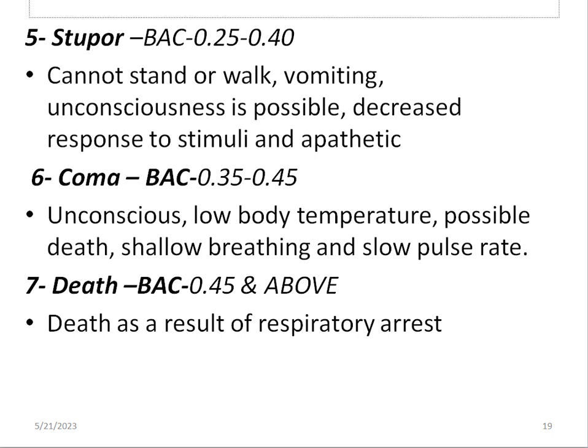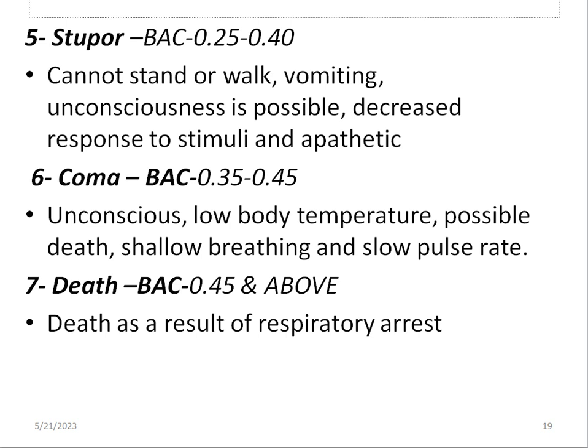They may start vomiting. Unconsciousness in stupor is quite possible. There is decreased response to stimuli and the patient becomes apathetic. So in stupor, they are slipping into unconsciousness. If they slip into unconsciousness, it will result in coma.